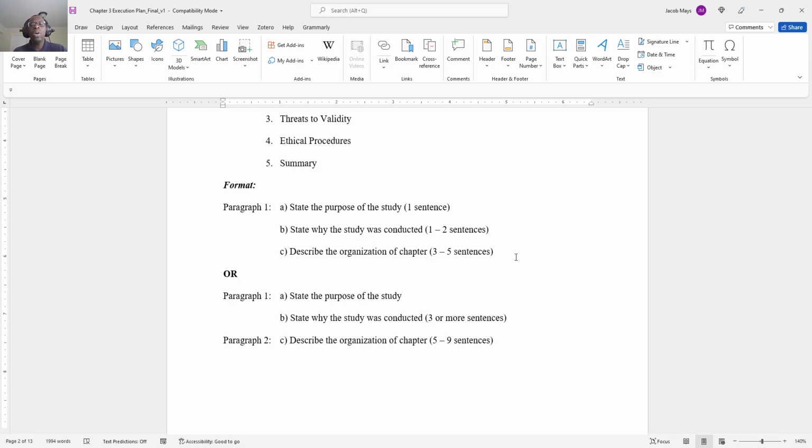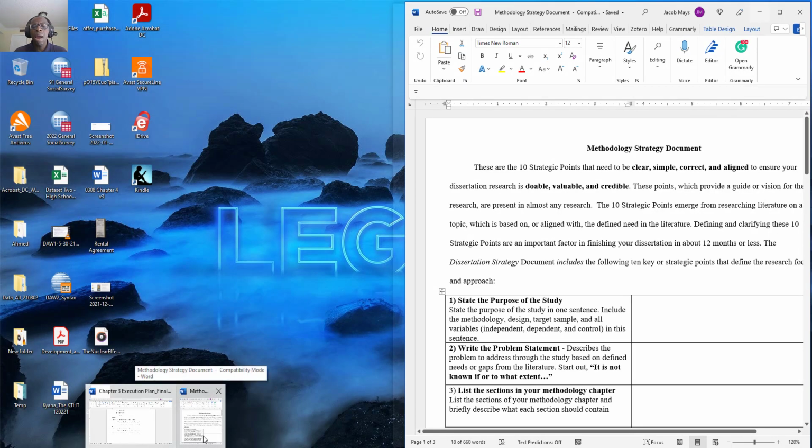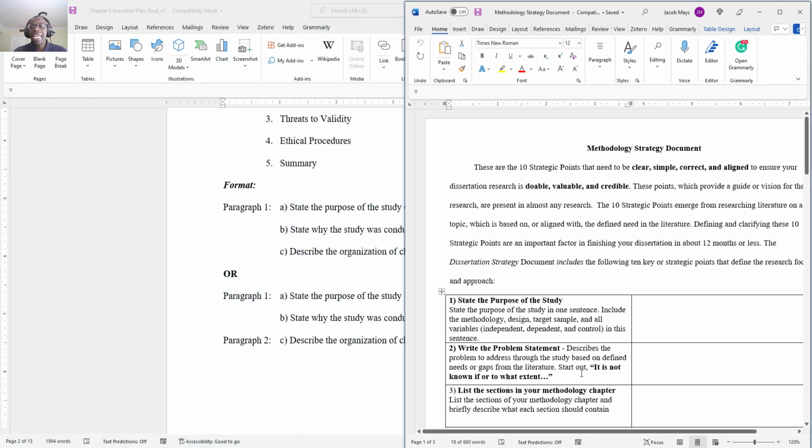Then you're going to use one or two sentences to state why the study is being conducted by you. Generally, this is your problem statement, right? It is not known if or to what extent.